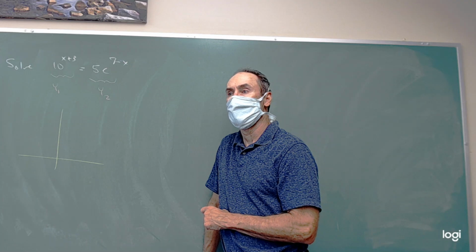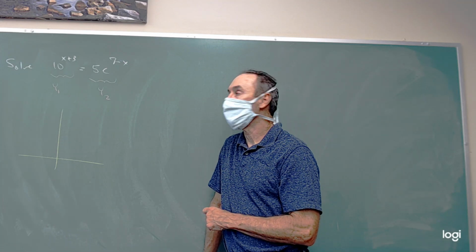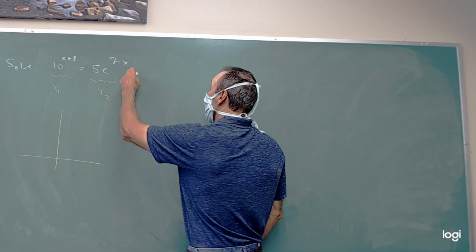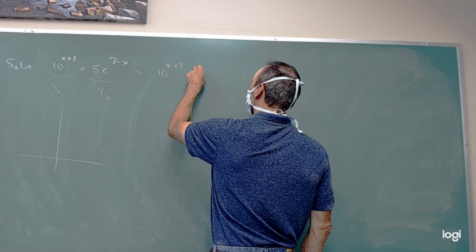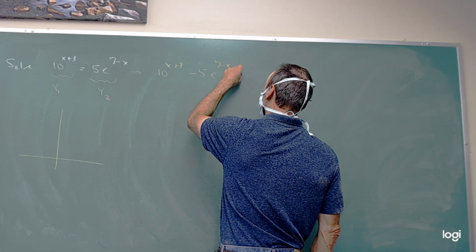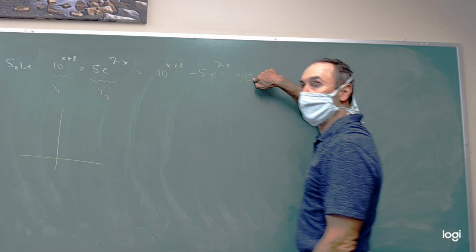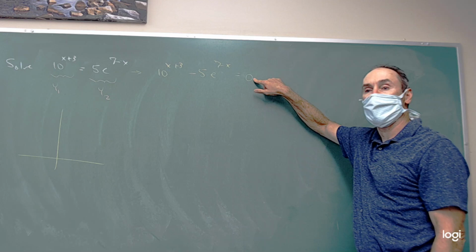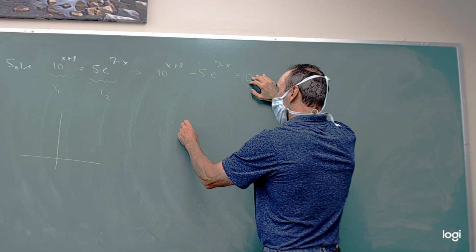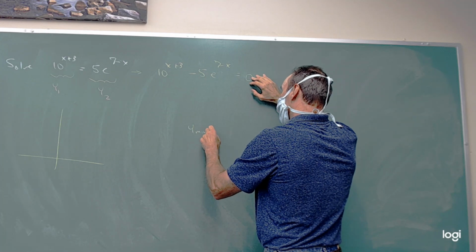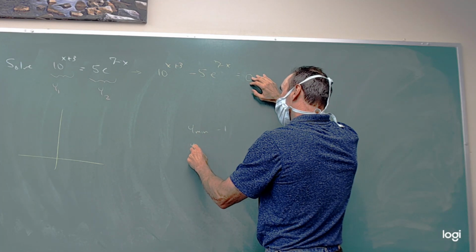Mm-hmm. This is a case too where an alternative is you could subtract the 1 to the other side, just putting that out as a suggestion. Because then you're looking for where it is equal to 0. So now you can choose your y min and y max to be like -1 and +1.